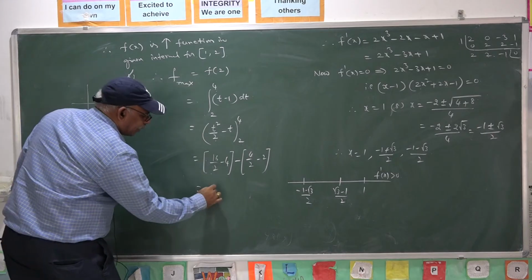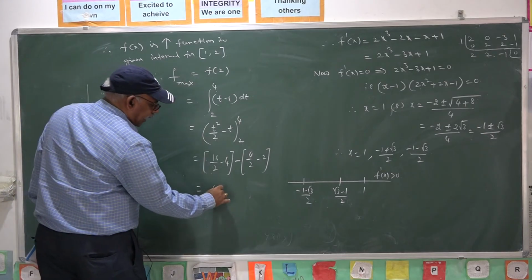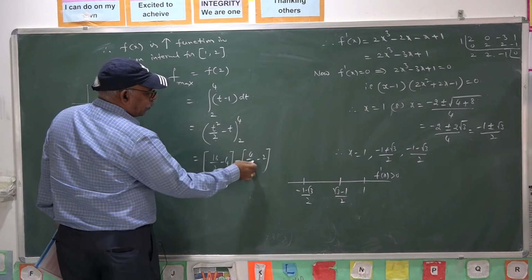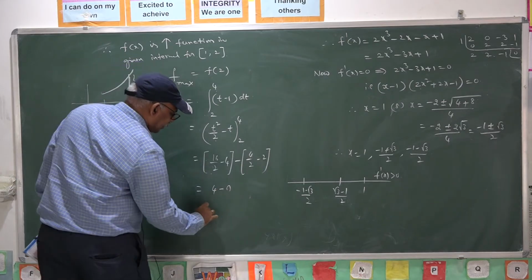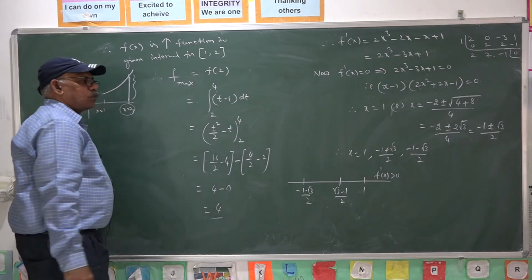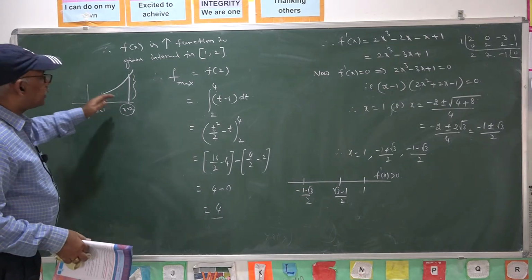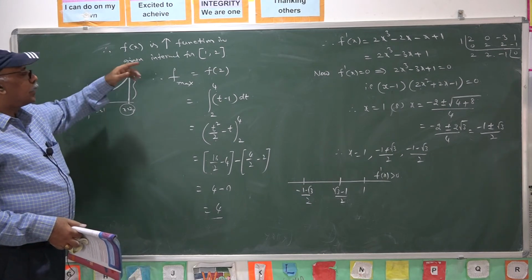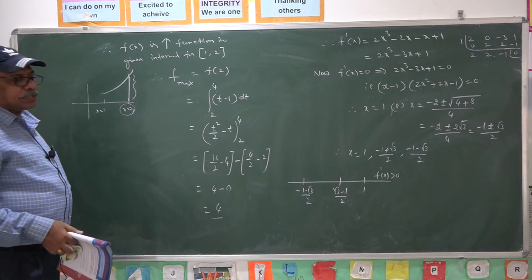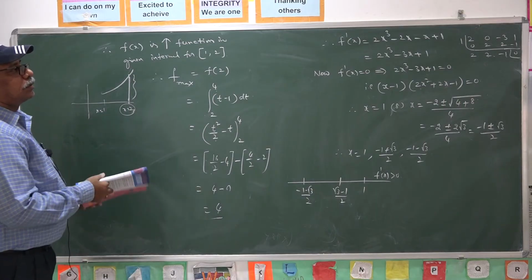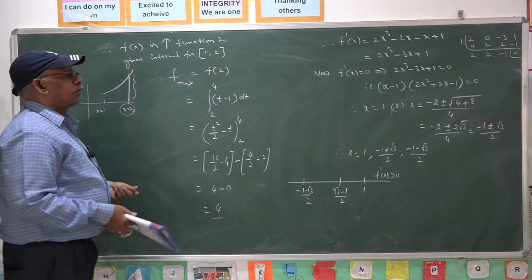So this is 8 minus 4, that is 4, minus 0. So the maximum value of the function is 4. So f maximum is obtained at x equal to 2 because it is increasing in the interval. In the given interval, it is completely increasing. That is the beauty of the problem.